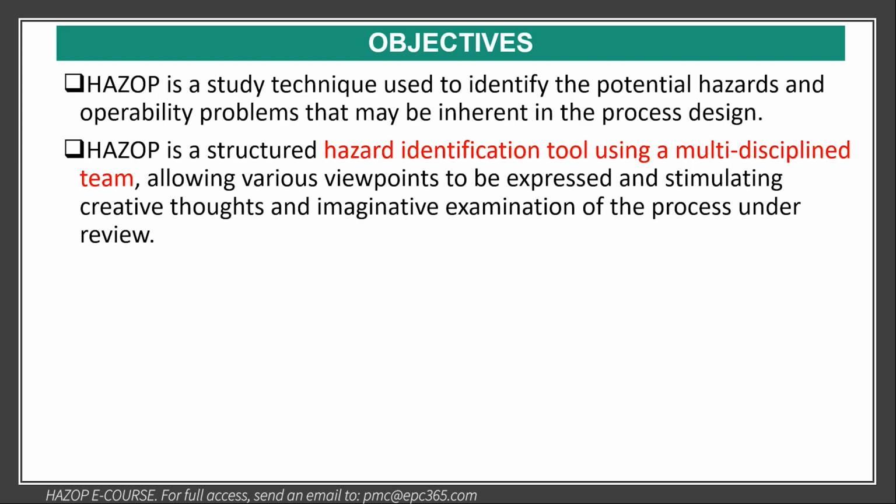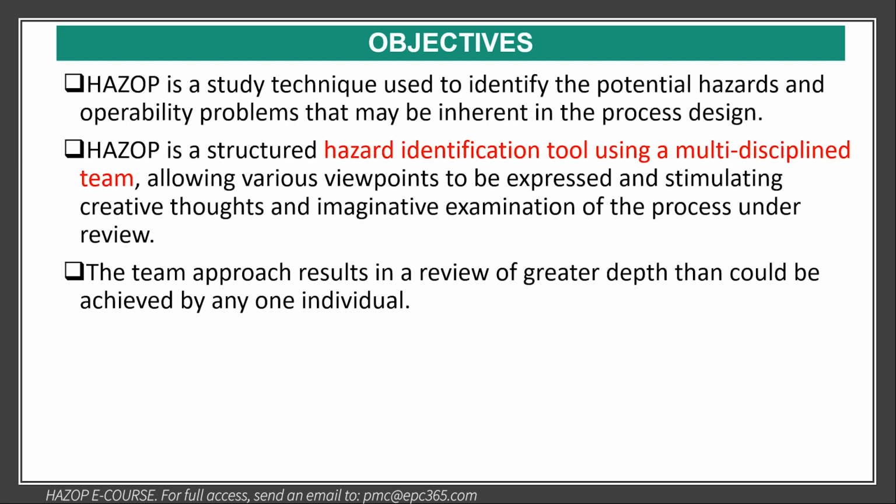This allows various viewpoints to be expressed, simultaneously creating thoughts and imagination examinations of the process under review. So the team approach results in a review of greater depth than can be achieved by any one individual.